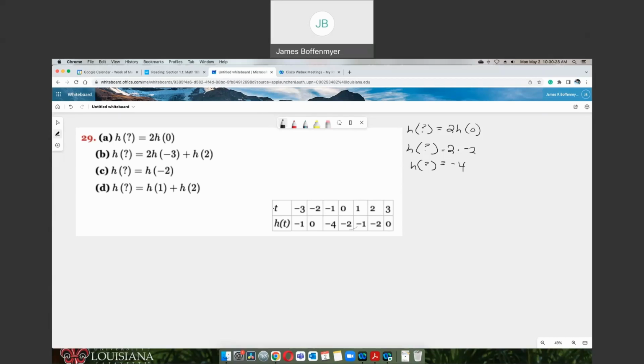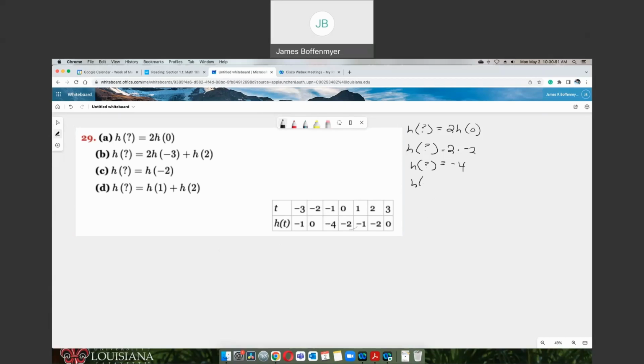Now, your h of blah is -4. We've got to figure out what the t value is. So when your h value is -4, what is your corresponding t value? Well, -4, therefore, the corresponding t value would be -1.